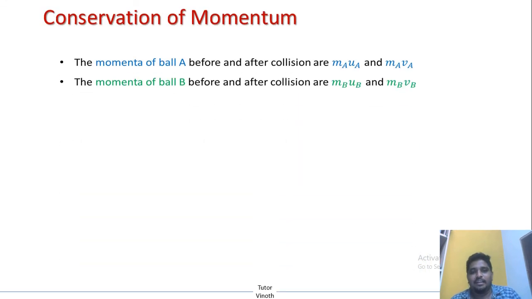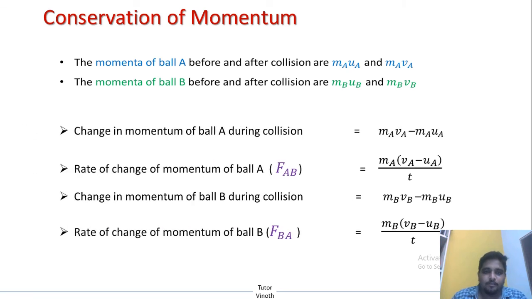The momentum of ball A before and after collision is ma ua and ma va, where ua is the initial velocity and va is the final velocity of ball A. The momentum of ball B before and after collision is mb ub and mb vb, where vb is the final velocity.